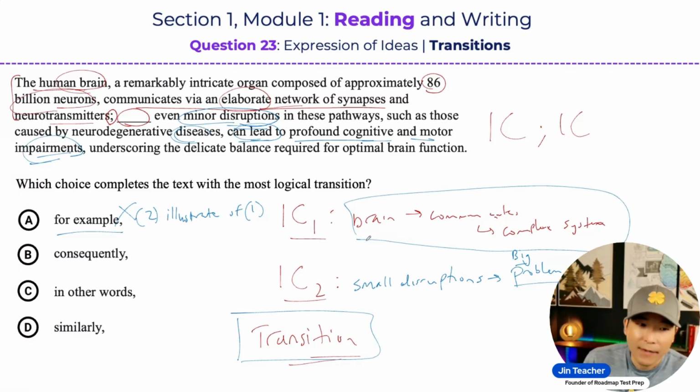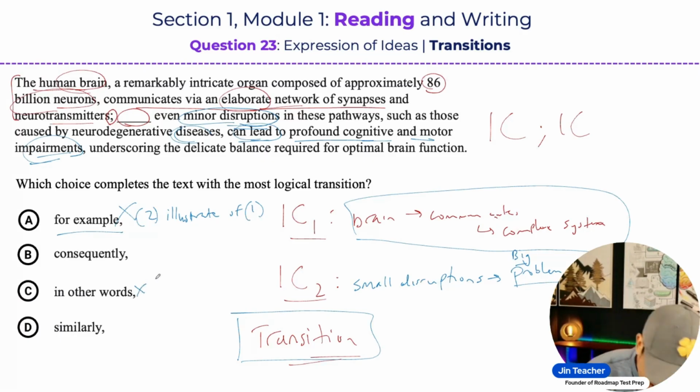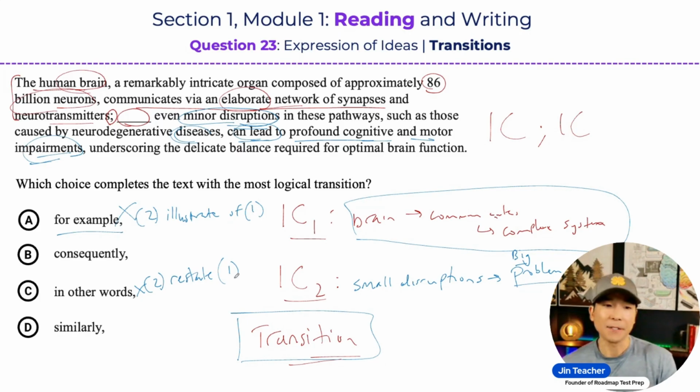We can also cross out answer choice C, because "in other words" means the second sentence is going to restate the first sentence. It basically clarifies what the previous sentence said.